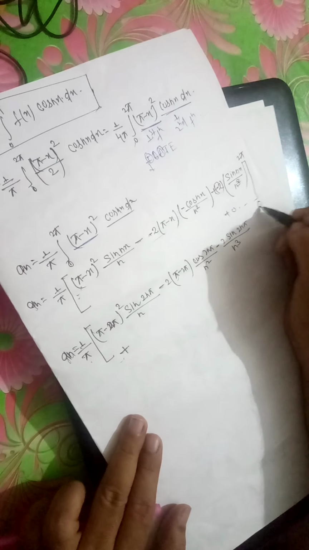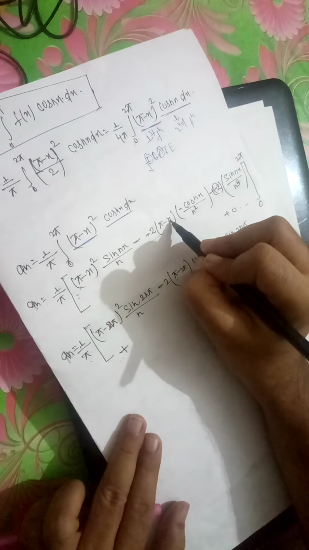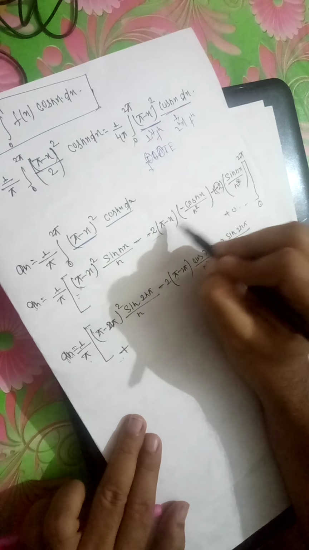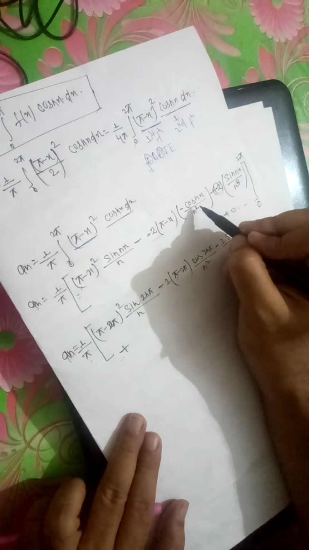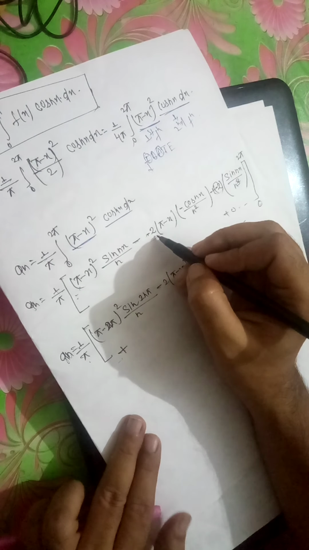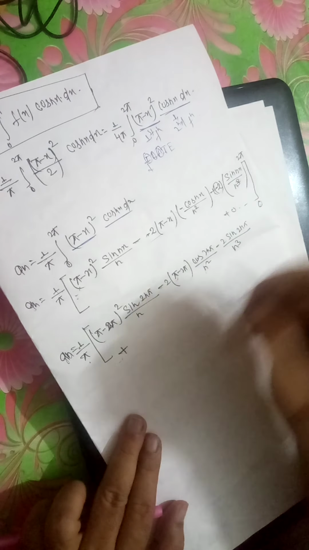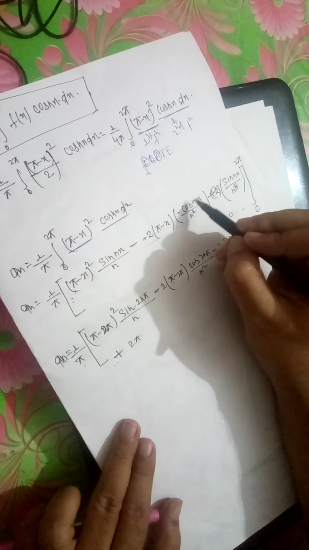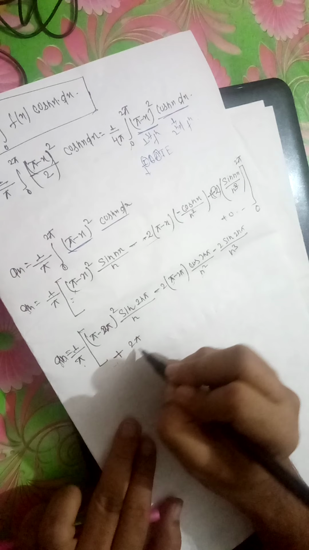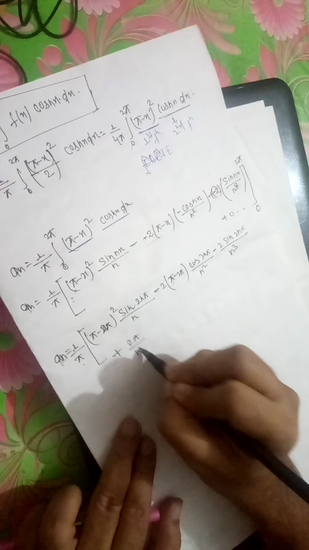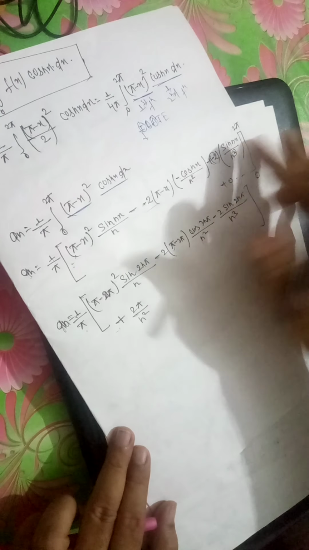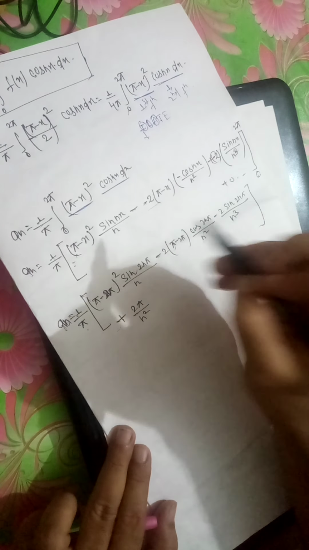If we put 0 in place of x here, what will happen? 2 pi cos 0, and cos 0 is 1. This is only 2 pi. So 2 pi and cos 0 is 1 upon n square, that means 2 pi upon n square. All these other functions will become 0, sin 0 is 0 and so on. Please be careful in this function.